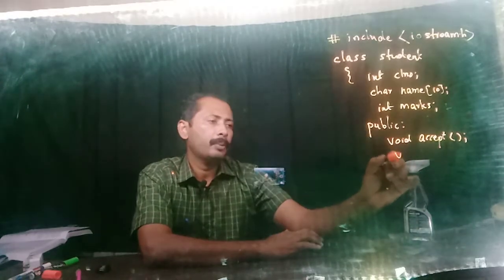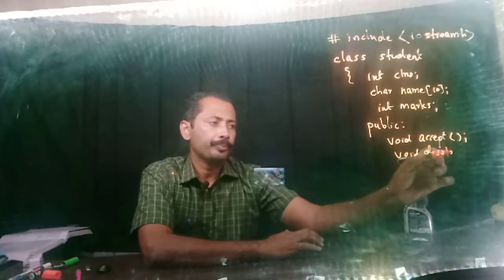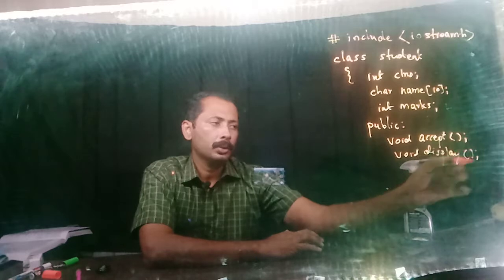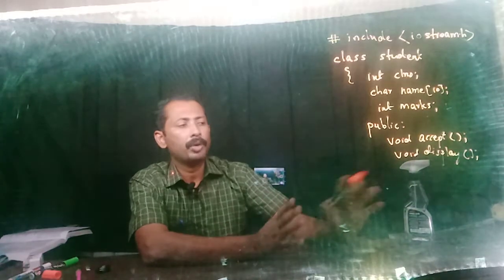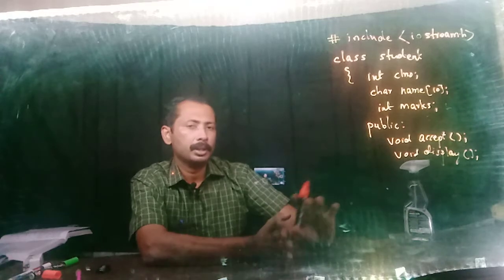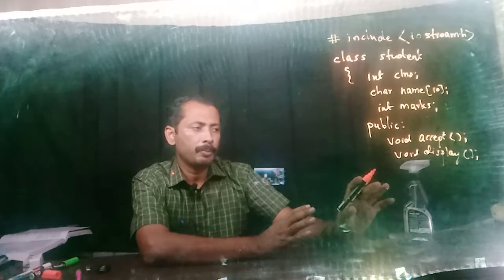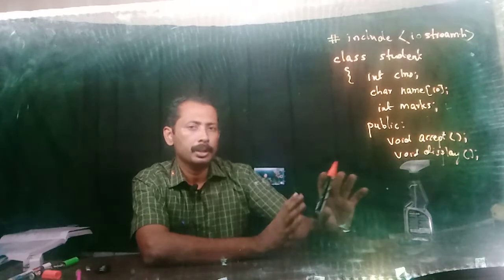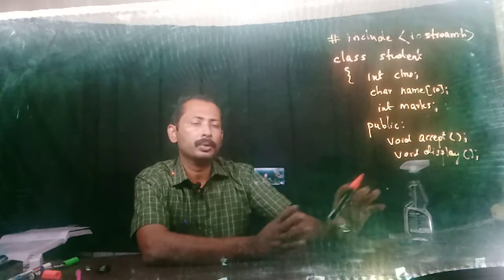And I am defining one more function called void display. So this function also has the same type of signature. Void display. Display means the function name is display. It has no input parameters, and after execution it does not return anything to the calling place.